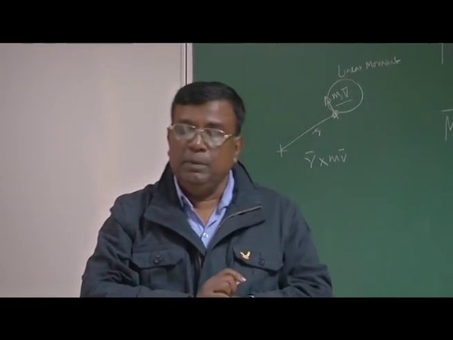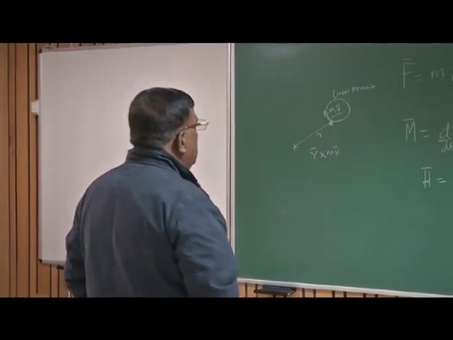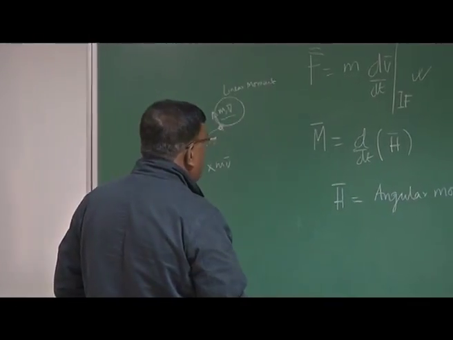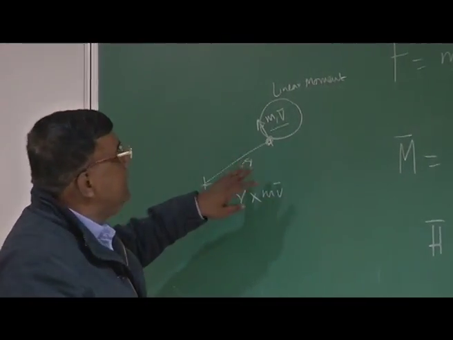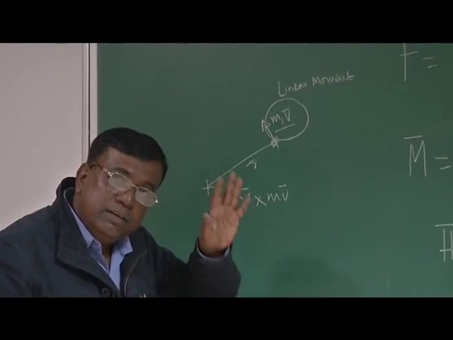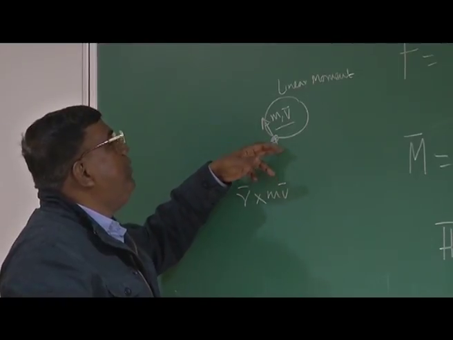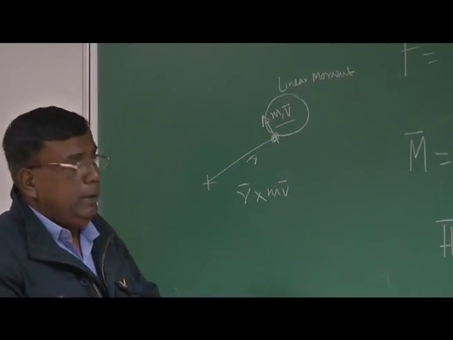This is what my teacher used to tell me, and that helped me. Just keep it at the back of your mind if you try to develop a physical feel for angular momentum. Moment is an effect; moment causes rotation, right? So this moment of linear momentum is angular momentum.